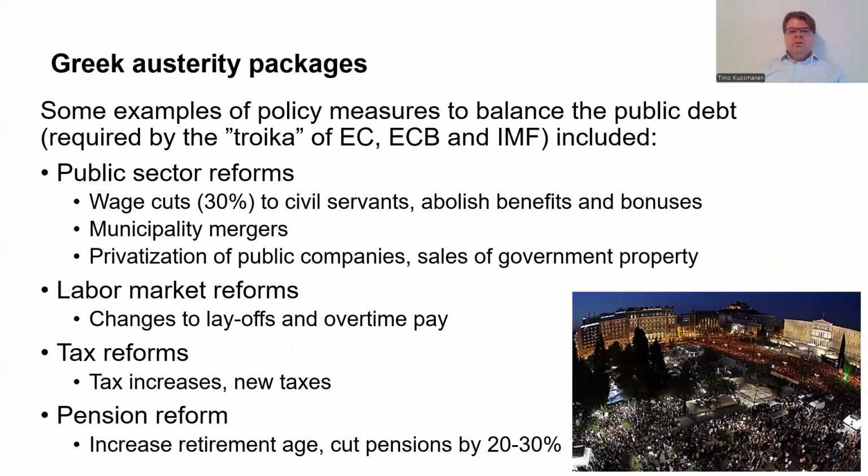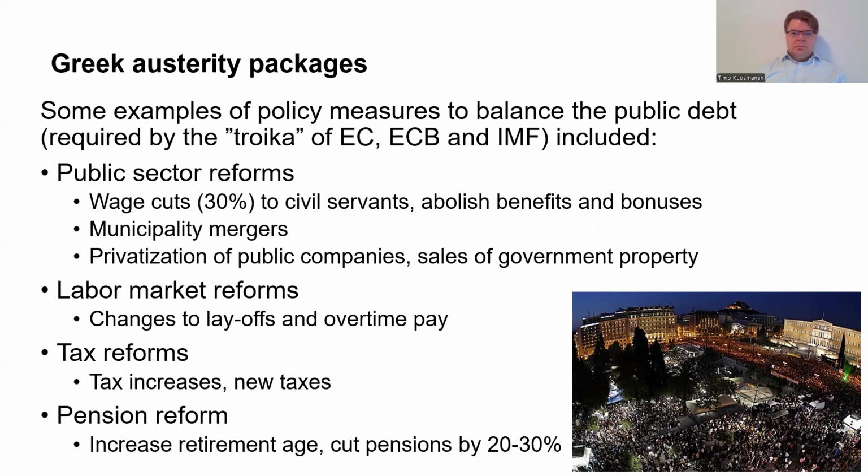A troika of the European Commission, EC, the European Central Bank, ECB, and the International Monetary Fund, IMF, were organizing these bailout packages, but there were also very harsh conditions for the Greek government.